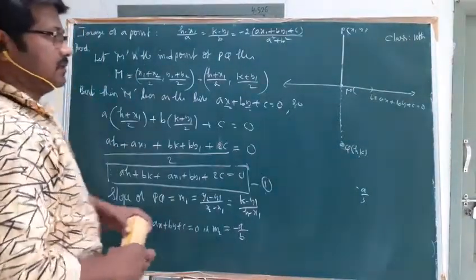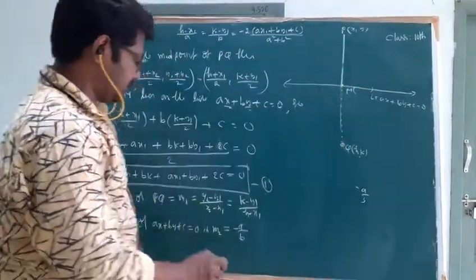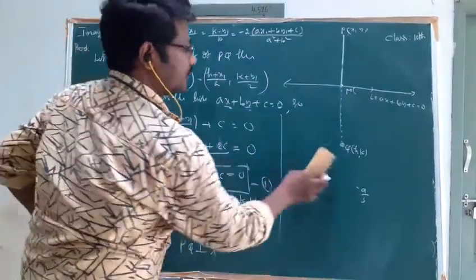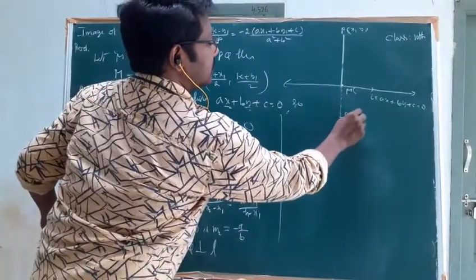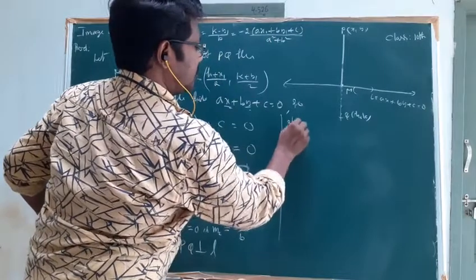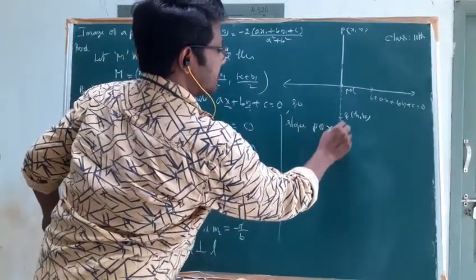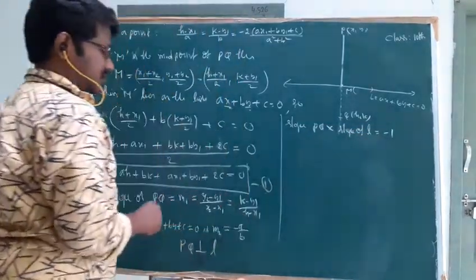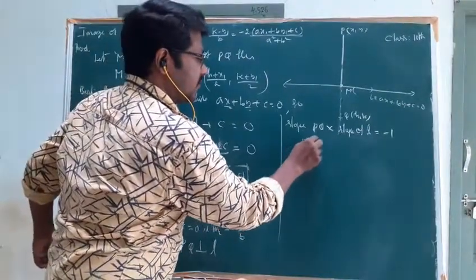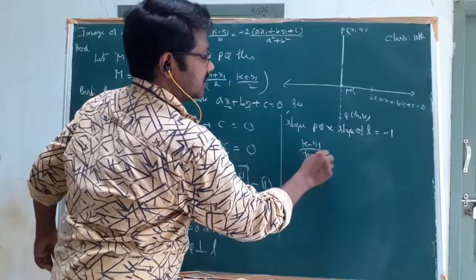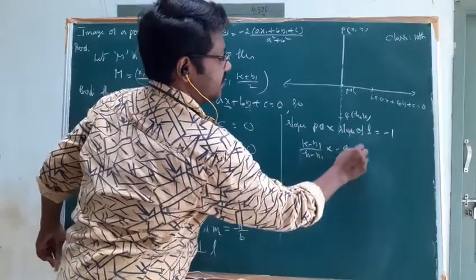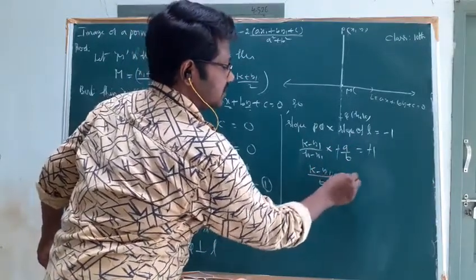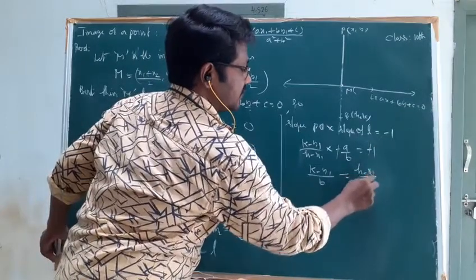So we know that PQ is perpendicular to L. Therefore, slope of PQ times slope of L is -1. That is (k - y1)/(h - x1) × (-a/b) = -1. Cancelling the minus: (k - y1)/b = (h - x1)/a.